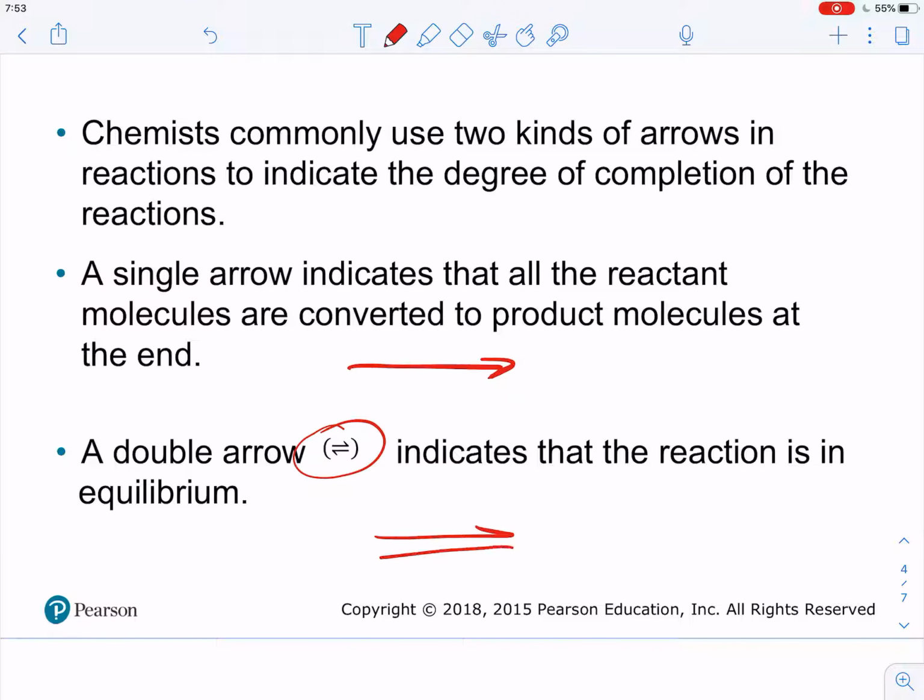I think they are called double harpoon arrows, but this is how we identify reactions that are reversible. And reactions that are reversible are subject to chemical equilibrium. Okay, so this double arrow that you see here is very, very typical for equilibrium reactions.